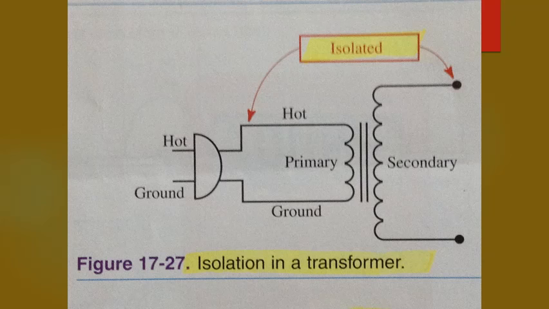Isolation, as defined in Chapter 12, is a term that means that there are no electrical connections between the primary and the secondary of the transformer. An isolation transformer is a transformer that has the specific purpose of isolating the primary circuit from the secondary circuit. Using an isolation transformer is a safety feature because it helps prevent shocks in the secondary.